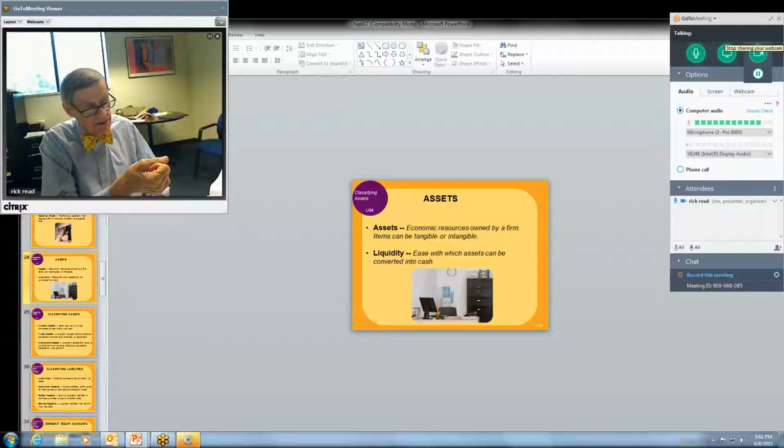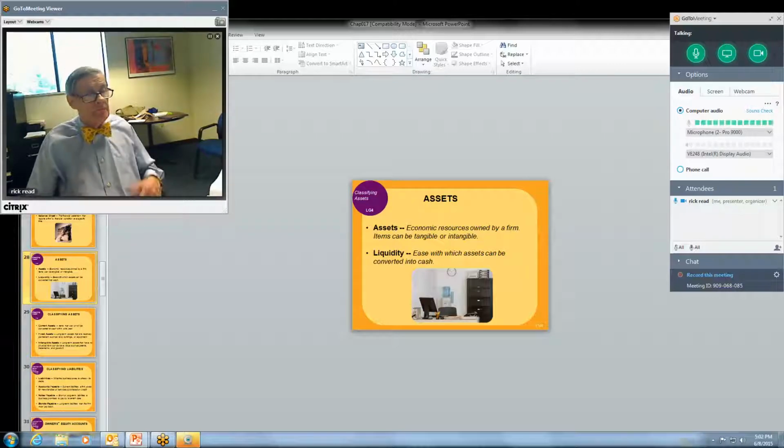It's not as easy to say how much your goodwill is worth. But the goodwill is always worth something, and that's an intangible. And many times when you see a public transaction on a small business changing hands, it will be for so many dollars and so much for goodwill. And then the liquidity part of this means the ease with which that asset can be readily transferred to cash.